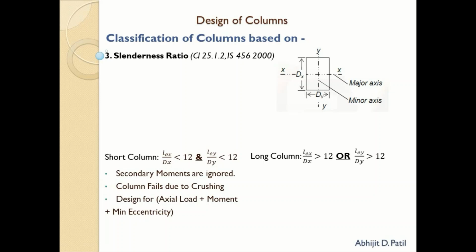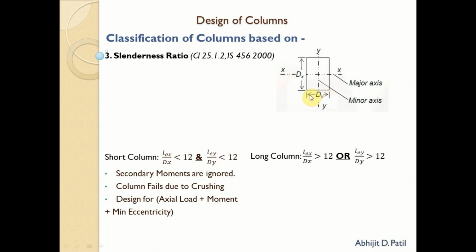For a long column, these ratios should be more than 12. If any of the ratios is more than 12, I have written it here as "or", then our column becomes a long column. For example, you have a dimension of 300 by 450, 300 dy, 450 dx.